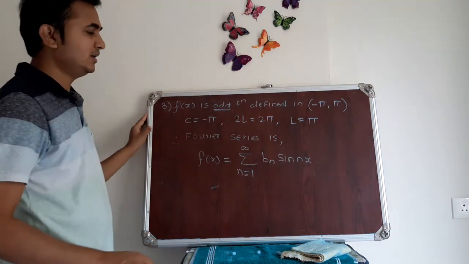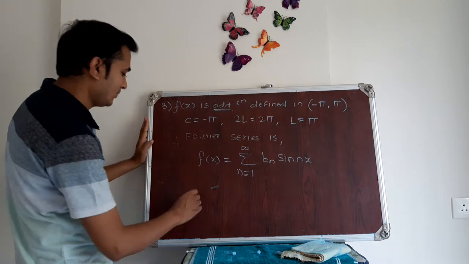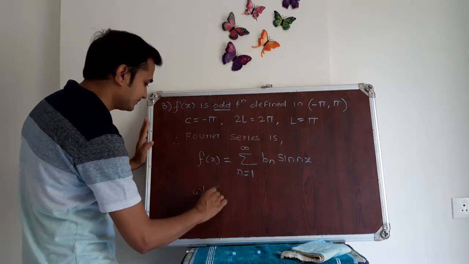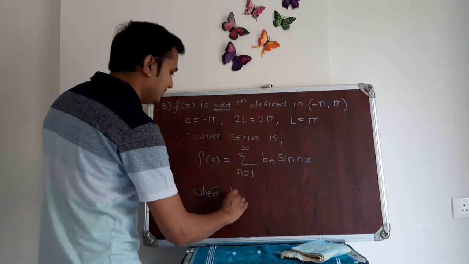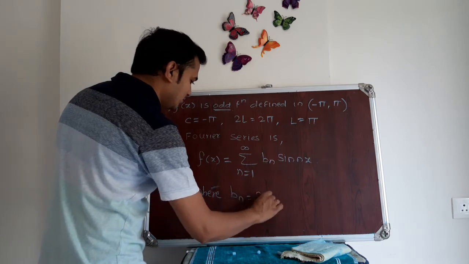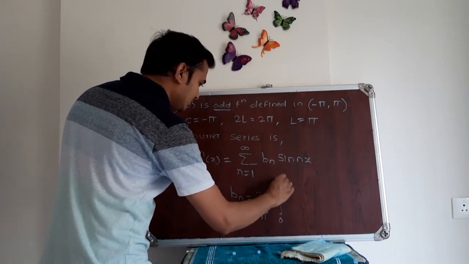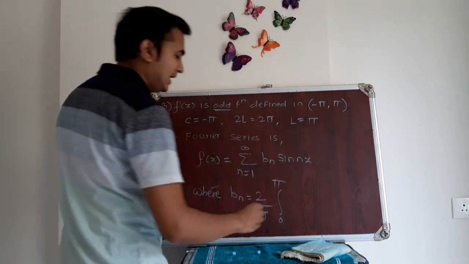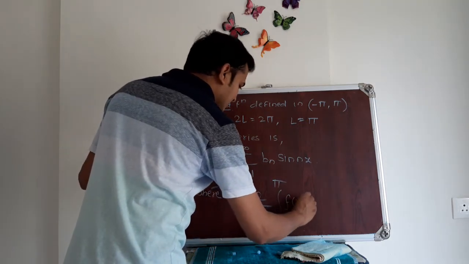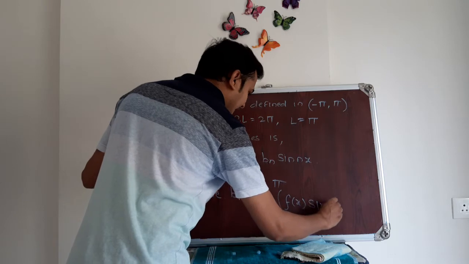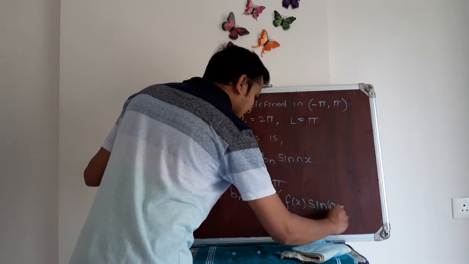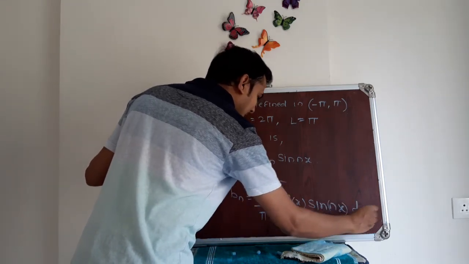Only bn sin nx, where bn is 2 by l, so that is 2 by pi, integral 0 to pi, f(x) sin nx dx.